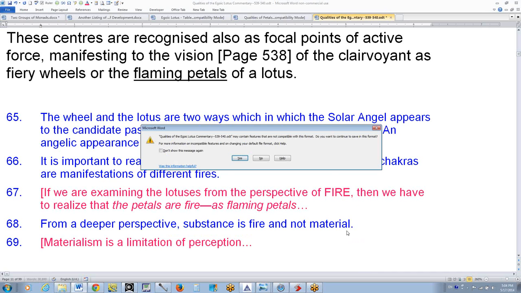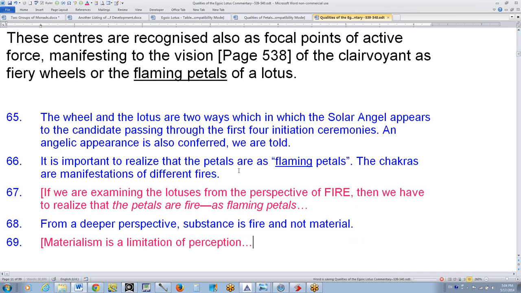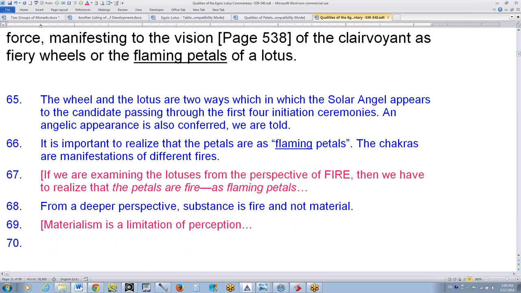I think we can say that. And with the inner perception acute, everything appears as fire.